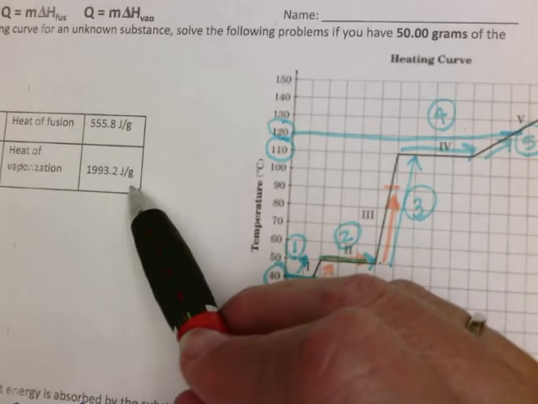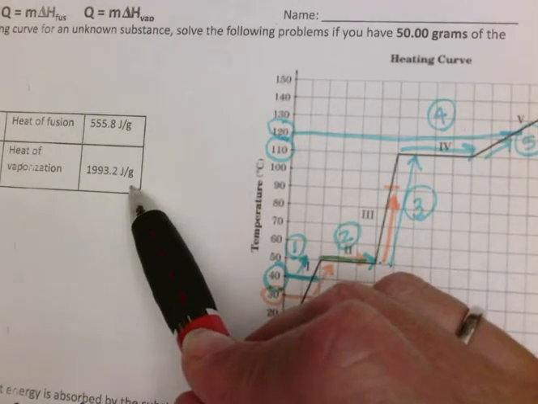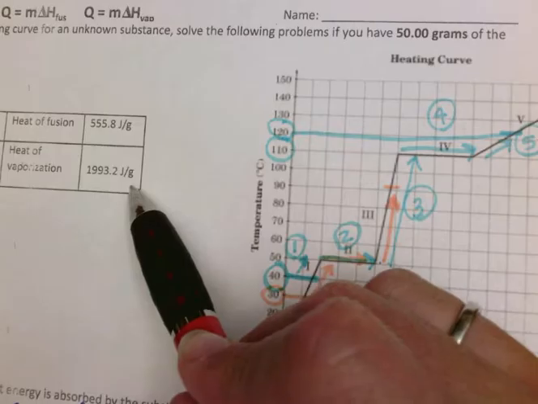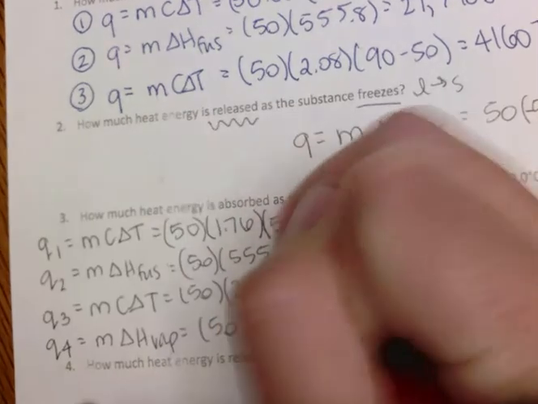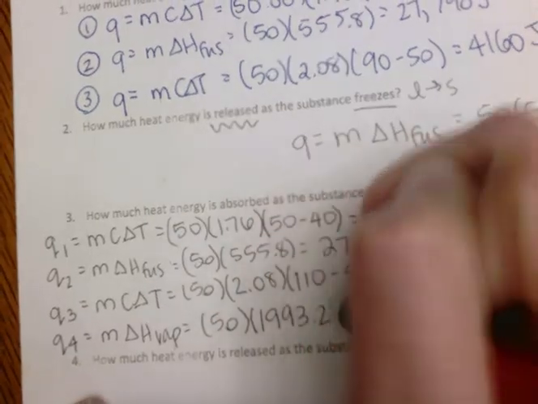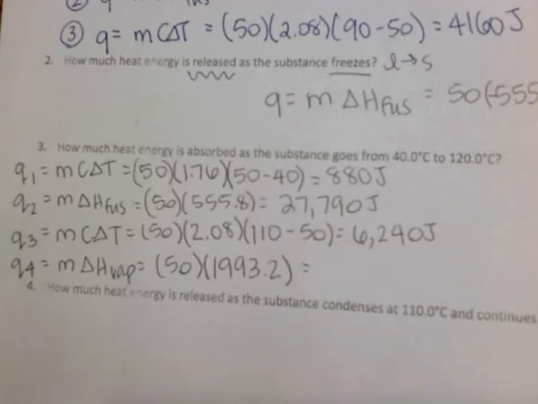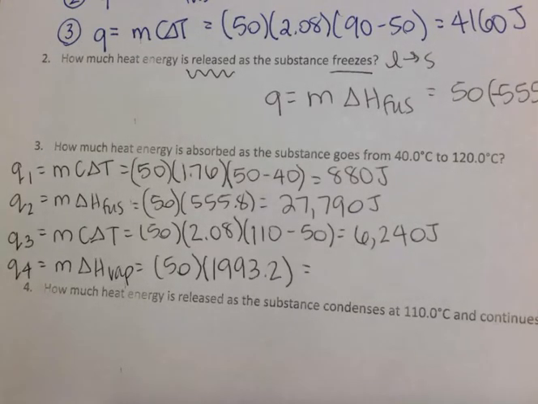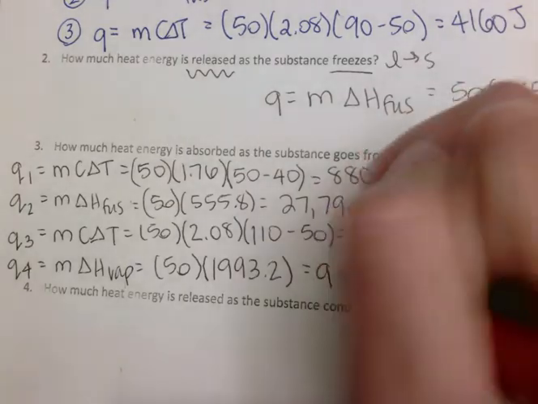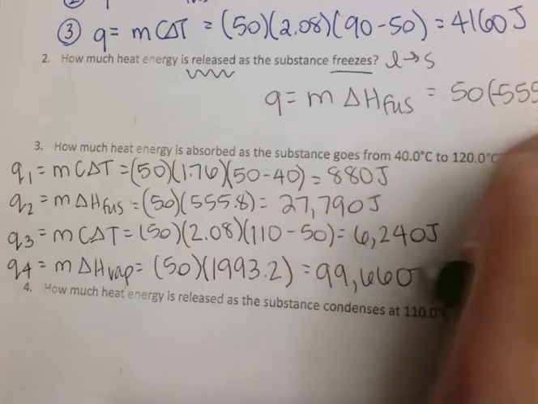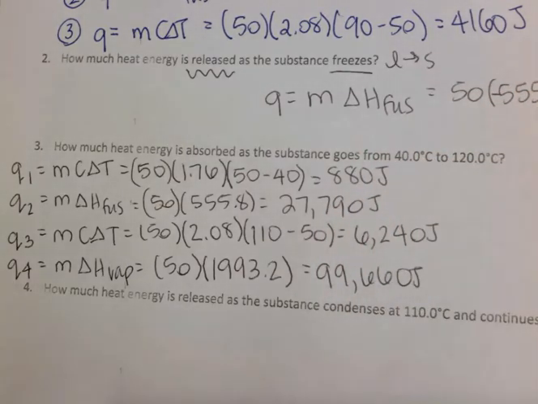And the heat of vaporization in my table is 1993.2. So 50 times 1993.2 gives me 99,660 joules of heat it takes to vaporize that substance.